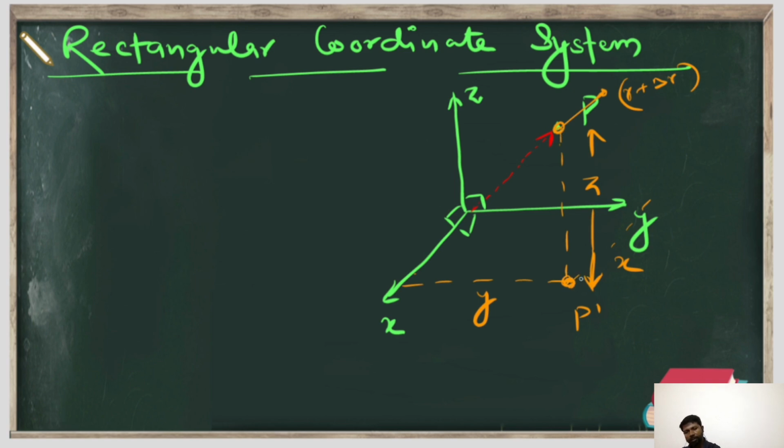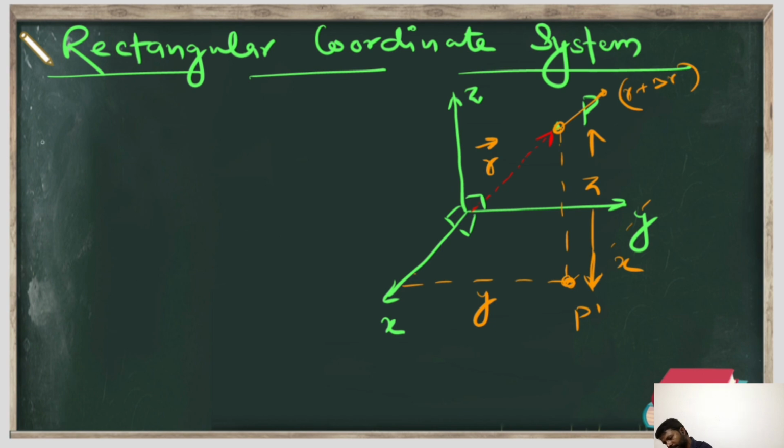If we draw a perpendicular line towards the x-axis, this gives information about the y component of this position vector r, and this gives information about the x component of the position vector, and the height or z value is this one.